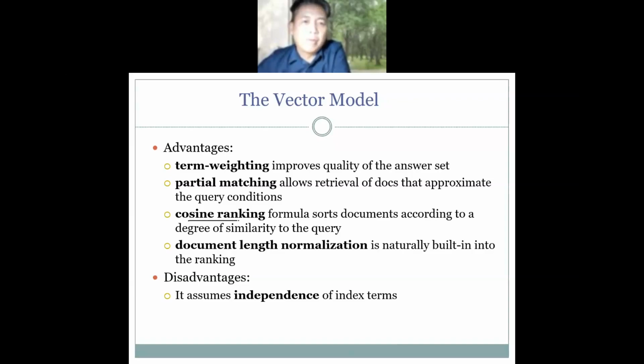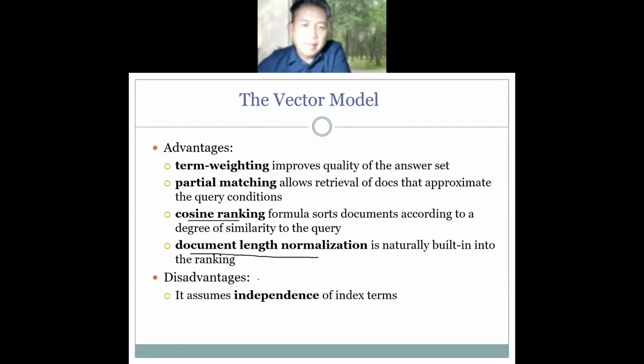We use the cosine ranking to perform the ranking. And if you have a long or large file, we can use the document length to normalize the weightage of each term in that document.